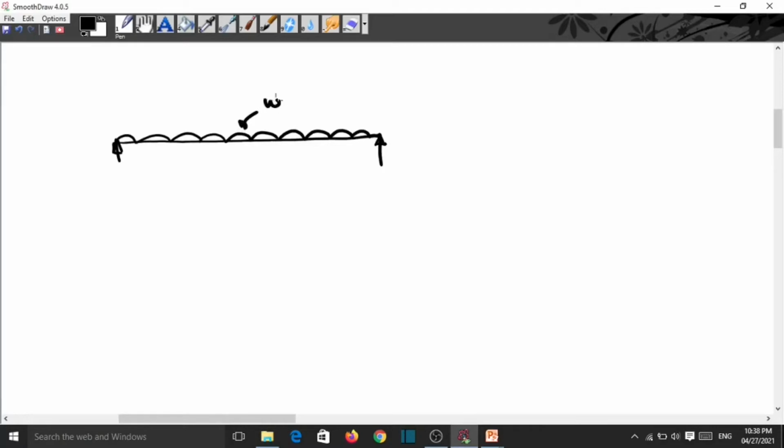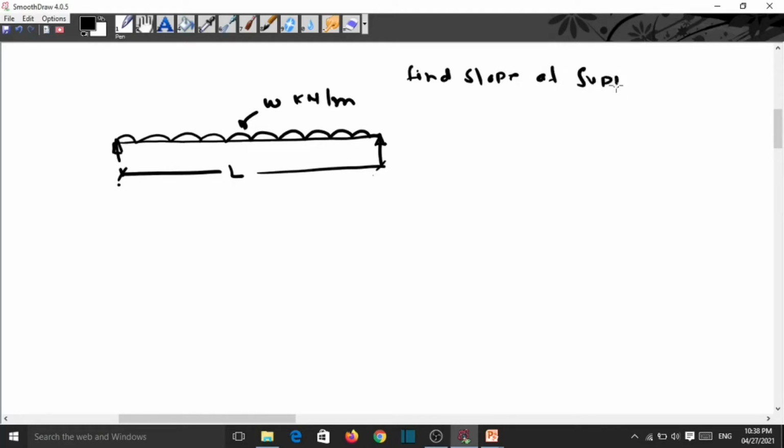This is W kilonewton per meter and the span is L. So find the slope at support and the deflection at center.